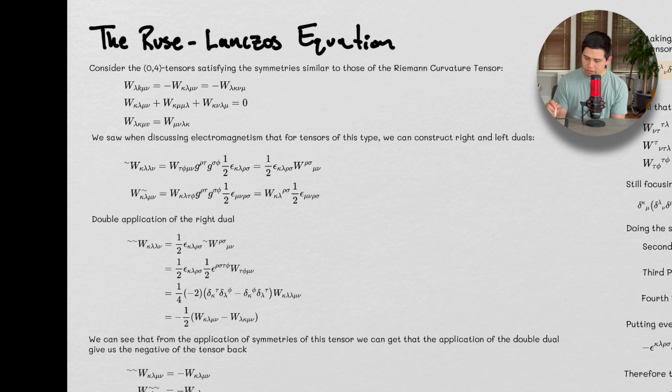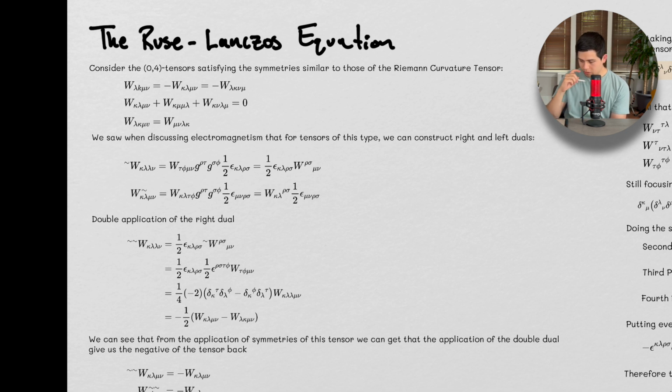So consider the 0-4 tensors satisfying symmetries similar to those of the Riemann Curvature Tensor. These are those symmetries. I won't go through them again in detail because we've already talked about them. When discussing electromagnetism, we saw that for tensors of this type we can construct right and left duals.